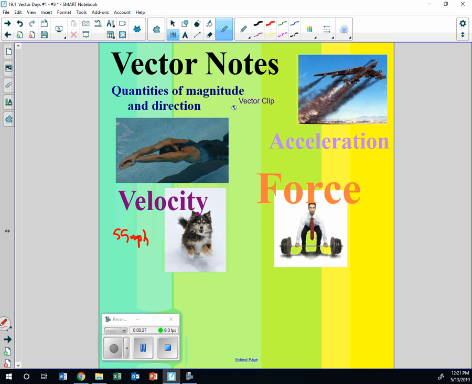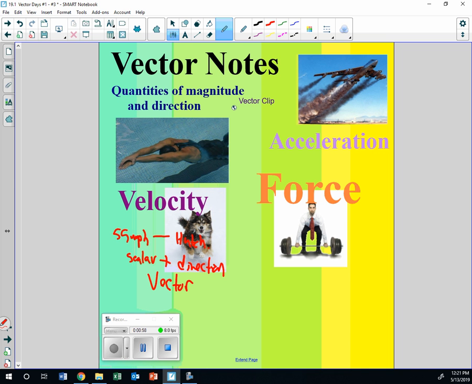Is that a scalar or a vector? It's a scalar because it's just telling you how fast you're going. But if I'm going 55 miles per hour to Hutchinson, Minnesota, then that's giving me one number, a scalar, plus a direction. And if you add a direction to it or a second descriptor, it's called a vector.